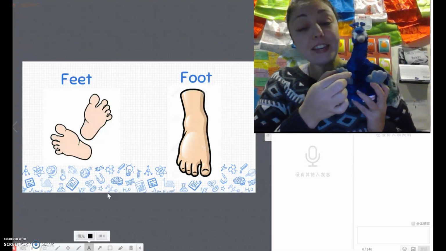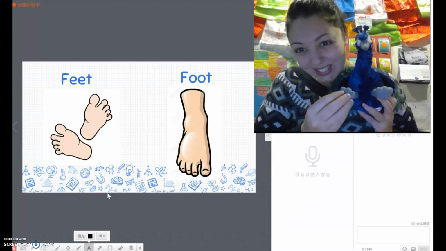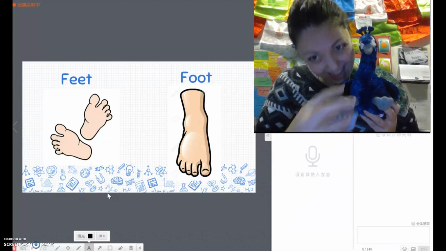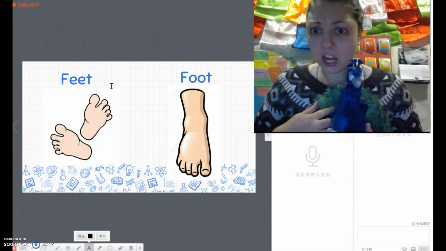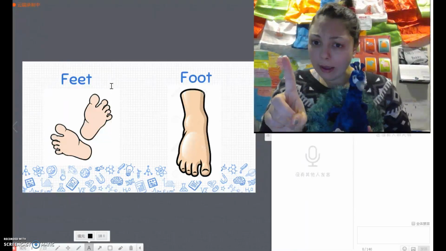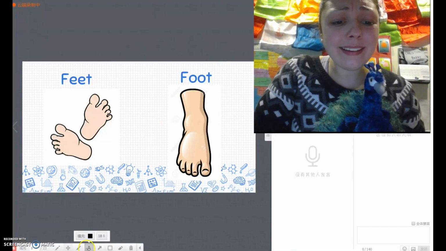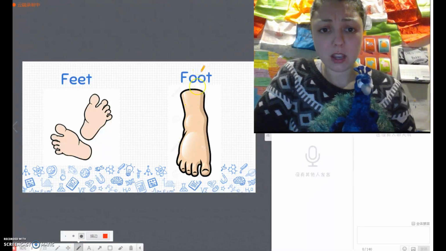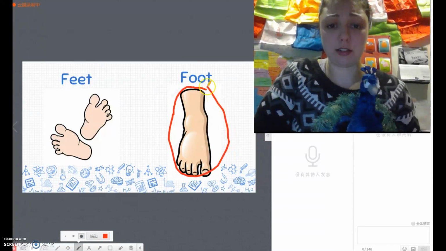So feet. Lily's feet. Oh, tickle, feet. Oh, yeah. So this one's a little bit different. If we have 1 foot, just 1 foot, we're going to say foot.